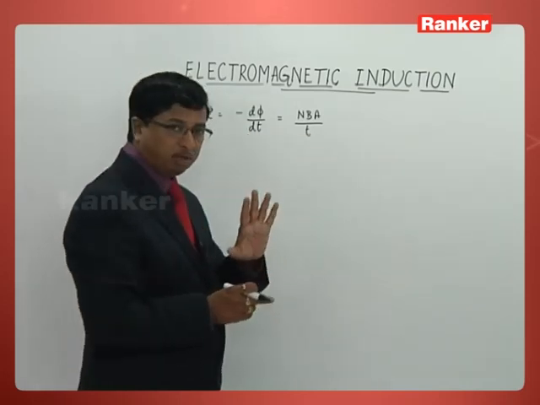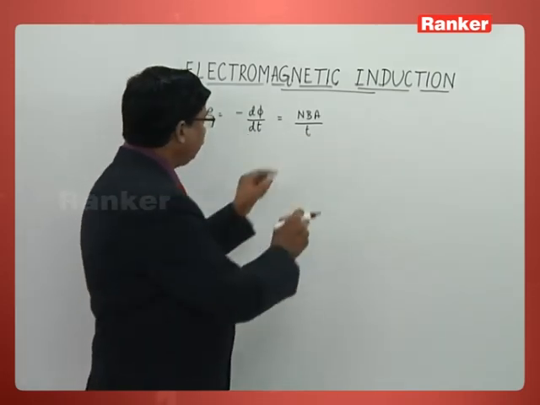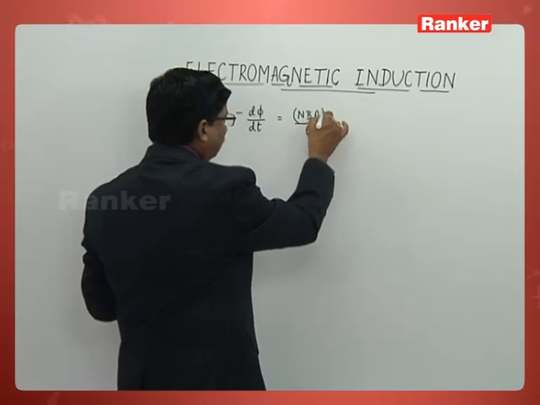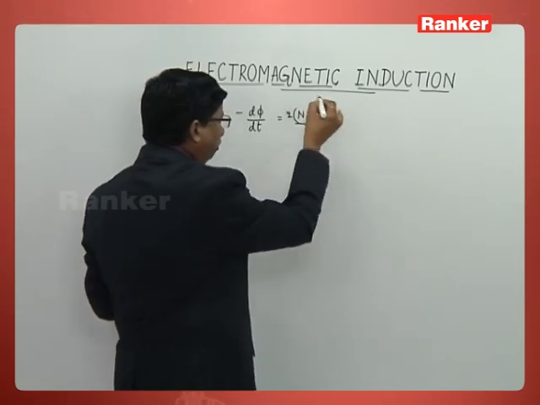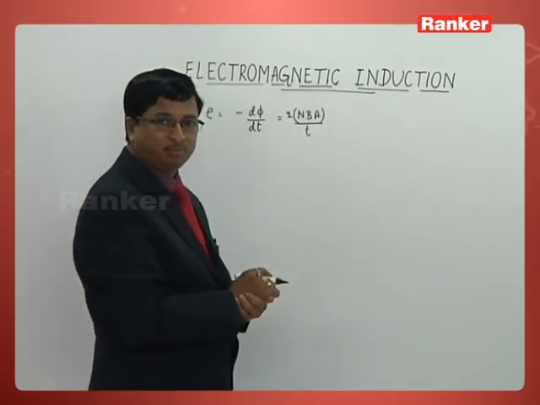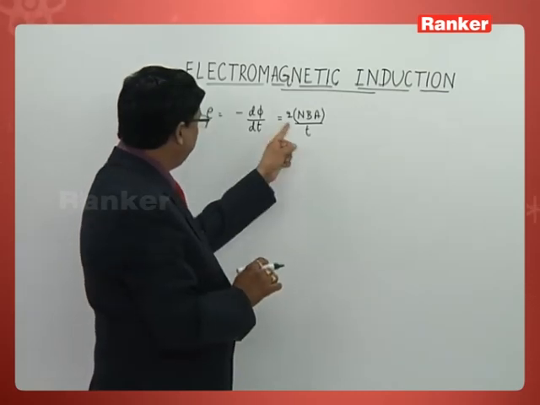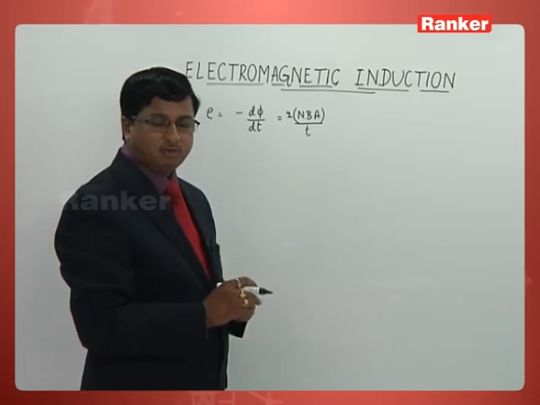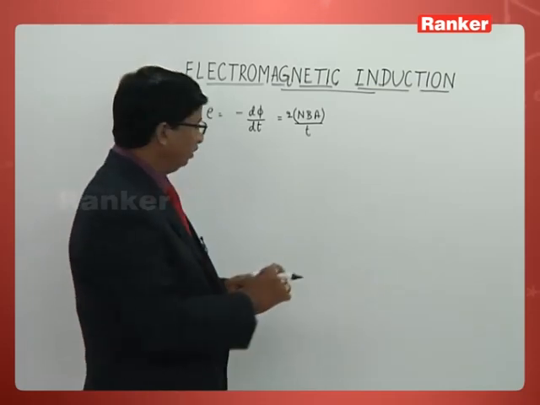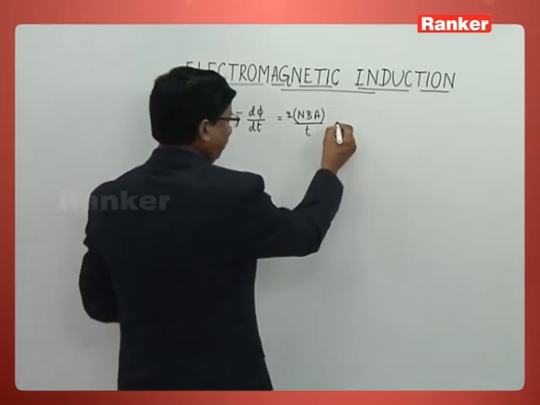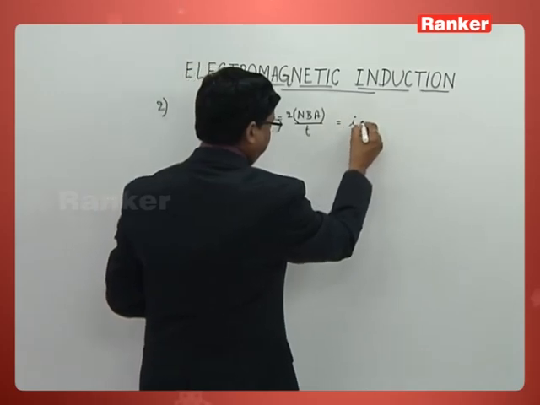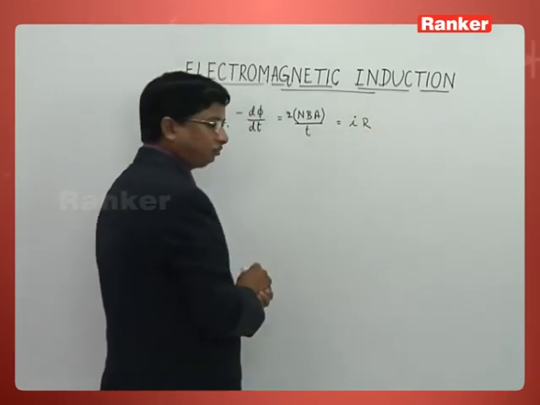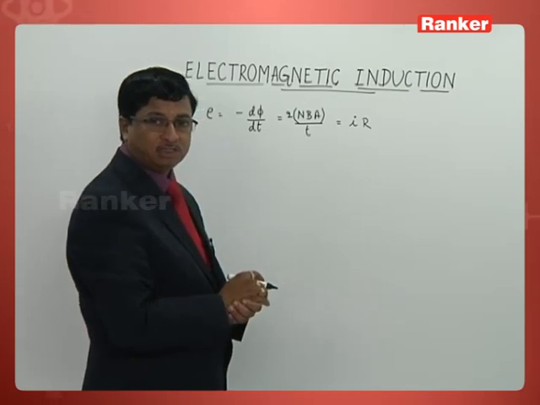Minus of minus becoming plus, no doubt. So this now is to be taken as twice NBA by T. That is actually the value of EMF. But he is not asking you the value of EMF in this problem. What is asked is current. In fact, this EMF I can write as IR according to Ohm's law.